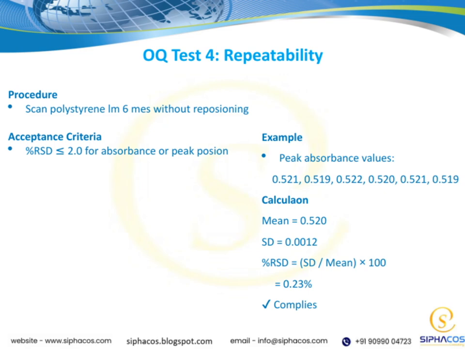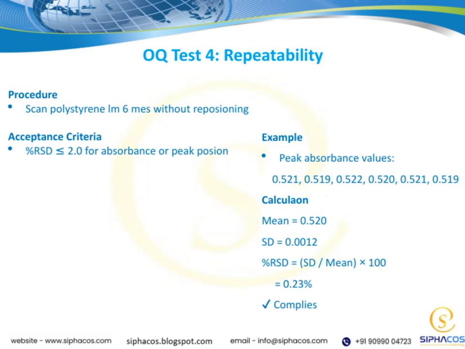Then we determine the standard deviation, which is 0.0012. Next, we calculate the percent relative standard deviation, or percent RSD, by dividing the standard deviation by the mean and multiplying by 100. This gives us 0.23%. Since this value is well below our acceptance criterion of 2%, we can conclude that the measurement is consistent and our instrument passes the repeatability test.